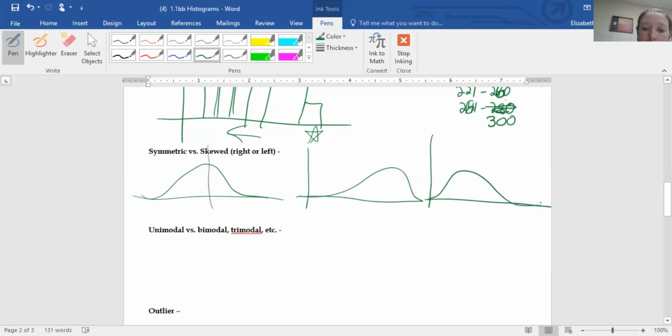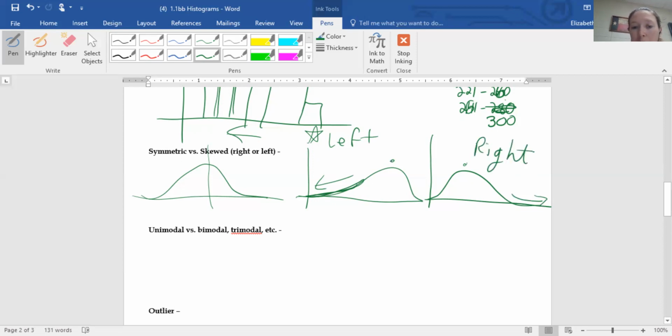This one is skewed left. Even though the center of our data is over here, look at where the tail is. The tail is this way, so we say this is skewed left. This one, again, the center of our data is here, but this is skewed right.